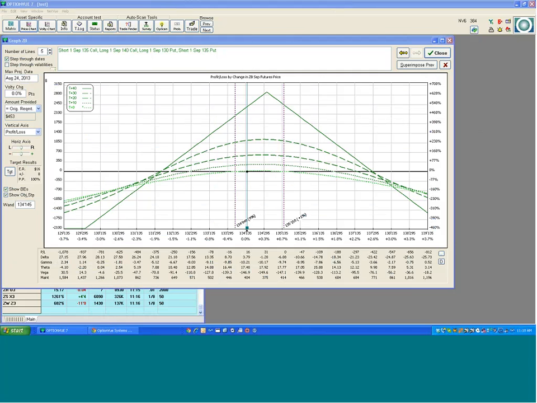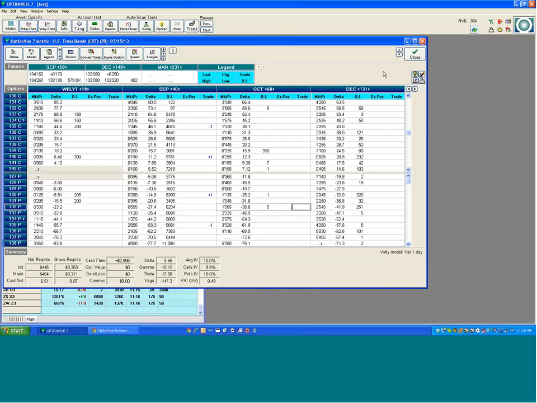Well, in the case of doing the diagonal calendar put spread, where we are purchasing a 132 put, that's a new position. When we are selling the 130 put, which was an existing long position, we're going to be locking in a profit on that 130 put, because with the market dropping, that long position will gain in value.